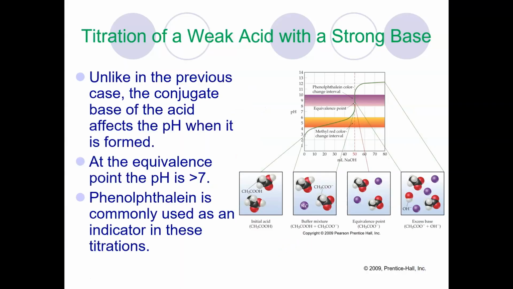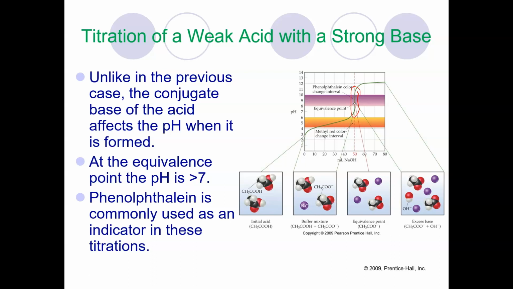But we know for sure that it's always going to be greater than 7 if it is a weak acid and a strong base. And so when we do weak acid, strong base titrations, if we were using an indicator, we would use phenolphthalein. Because if you look at the titration curve, this is where the jump happens, right in there. The orange colored bar shows when the indicator methyl red changes color. And the pink purple colored bar is when phenolphthalein changes color.